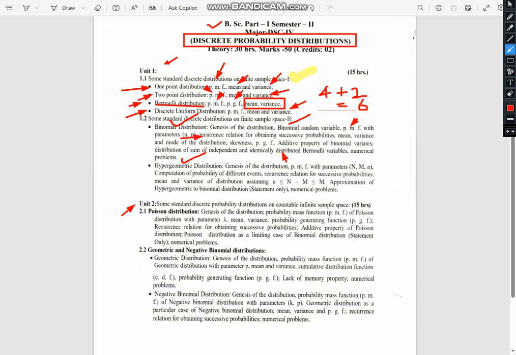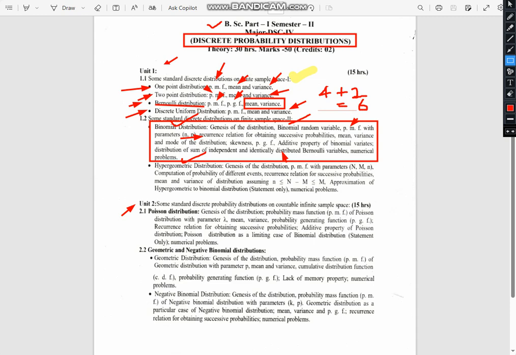And there are some numerical examples related with this distribution. The binomial distribution is important as far as the literature and your advancement in the statistics course is concerned. So this distribution plays an important role.